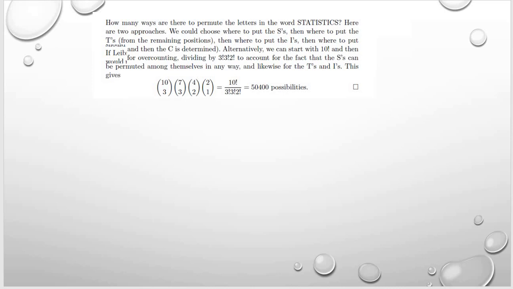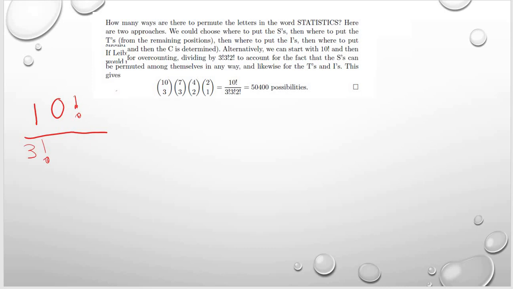One thing we could do is say, well, we have 10 letters. So we've got 10 choices for the start, and then we've got 9 and so on. That gives us 10 factorial. But there is some repetition. Notice that the letter S appears 3 times, so I'll cancel that out.